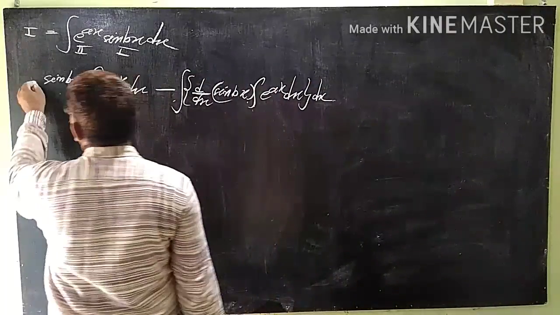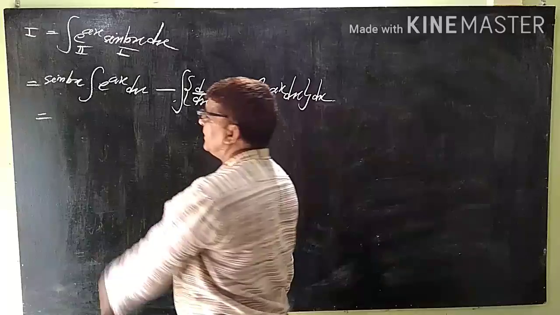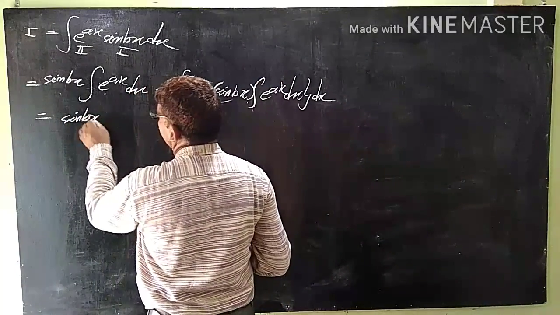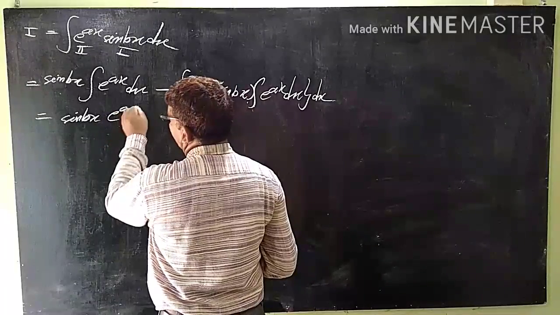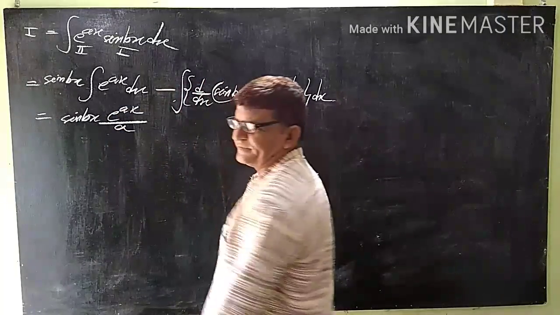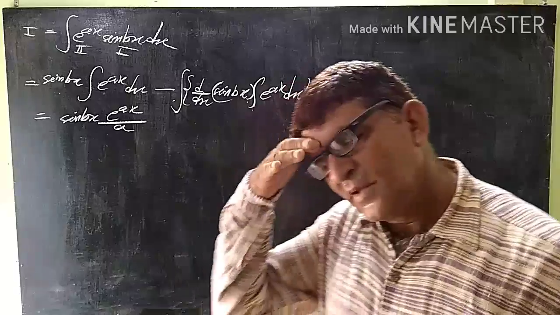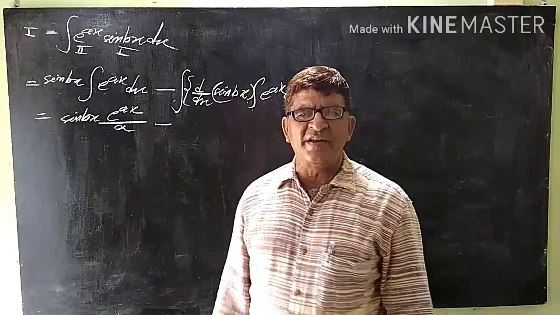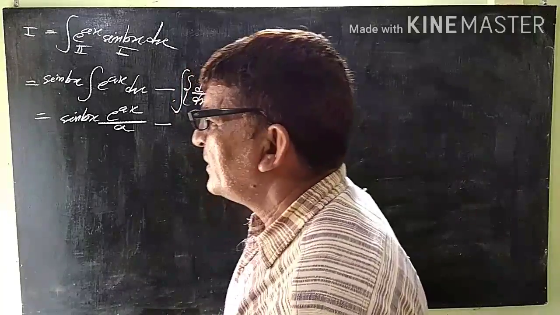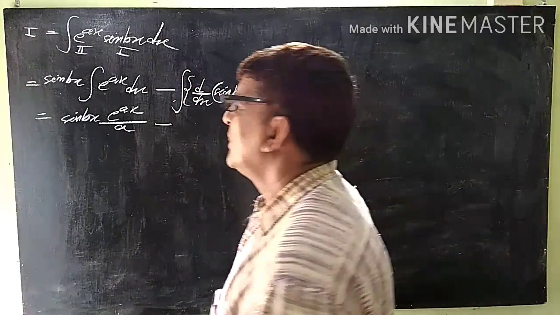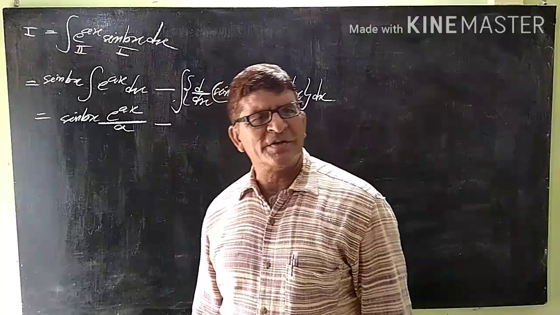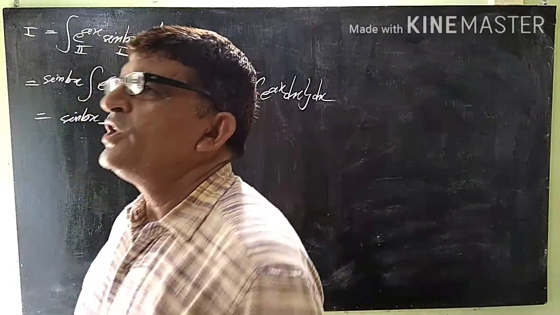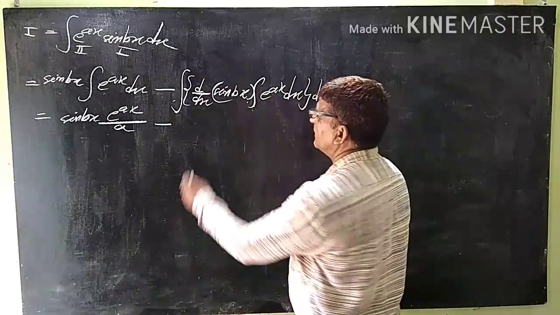And you know the integration of e ax is equal to e ax upon a. You know it very well, because now this chapter is at its end. That is why you must know about it, because all the integrations you have to write.